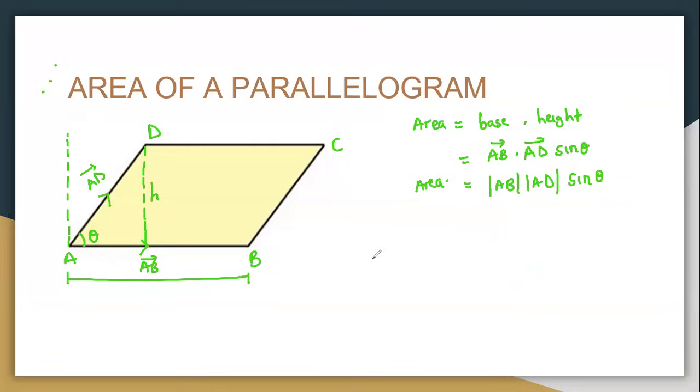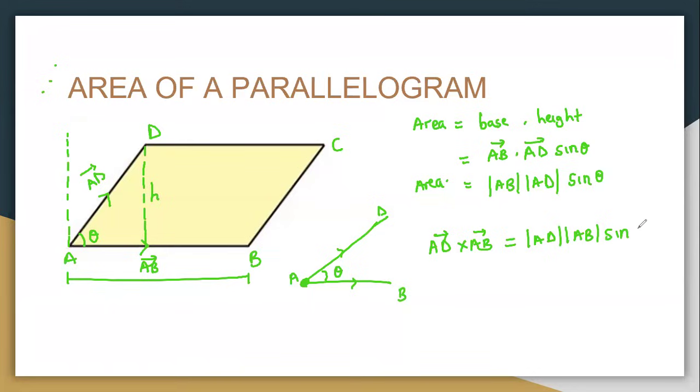But I want to take you back to our definition of what we call the cross product. If I have AD and this is my AB, and the angle between them is theta, we say that by definition, AD, remember they must have a common point, cross AB is given by magnitude of AD, magnitude of AB, sine of theta.